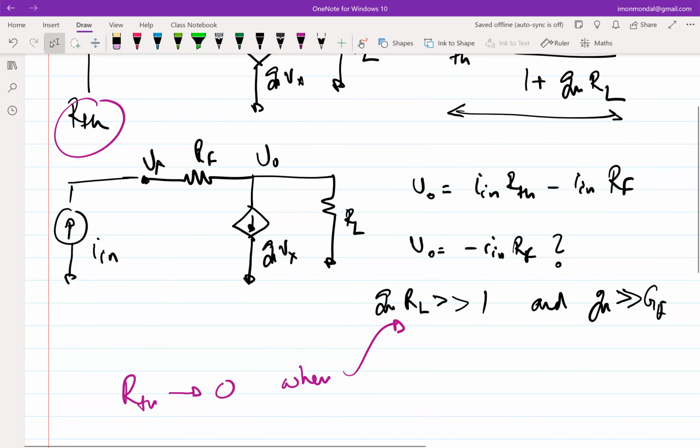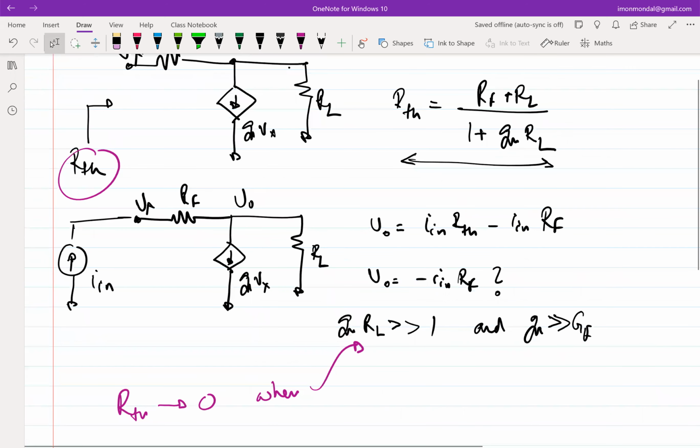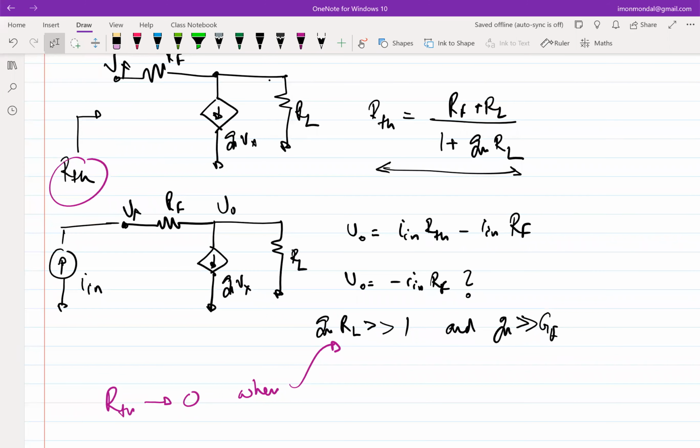If this is the input port and its impedance tends to go to 0, what type of source can you apply at the input to get what you want, or what type of control source is this?